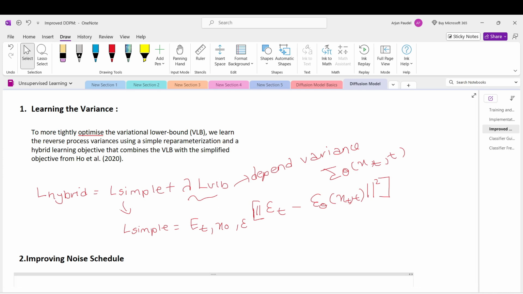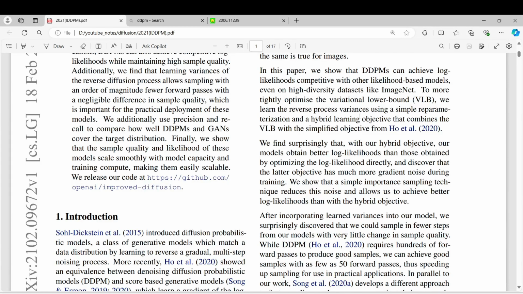And what else they are saying is that with their hybrid objective, our model obtains better log likelihood than those obtained by optimizing log likelihood directly, and discovers the latter objective has much more gradient noise during training.